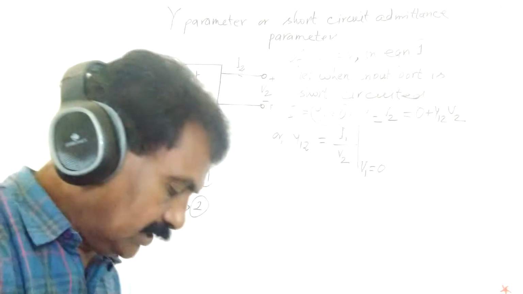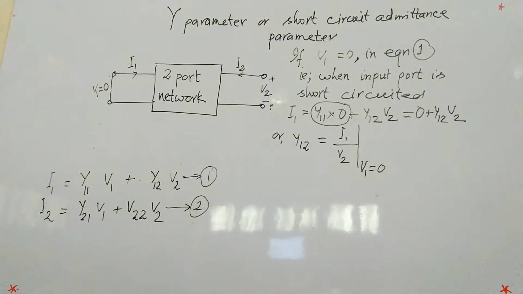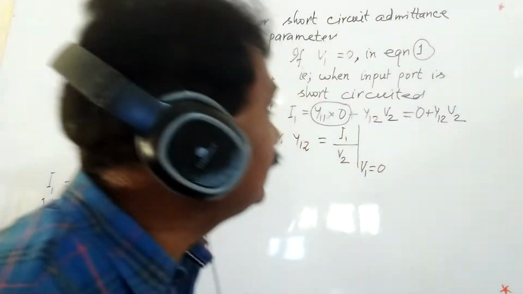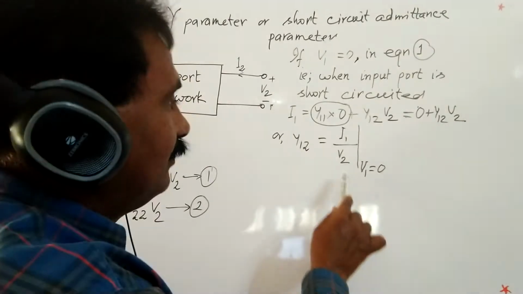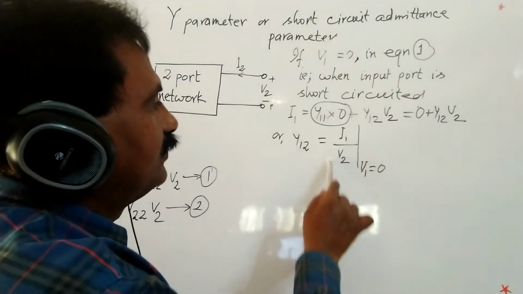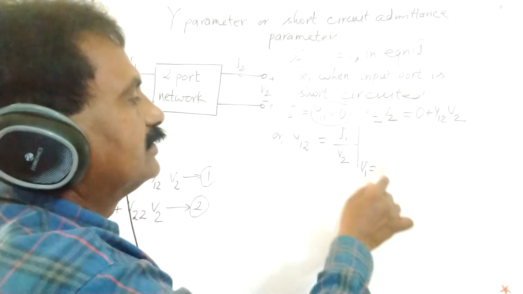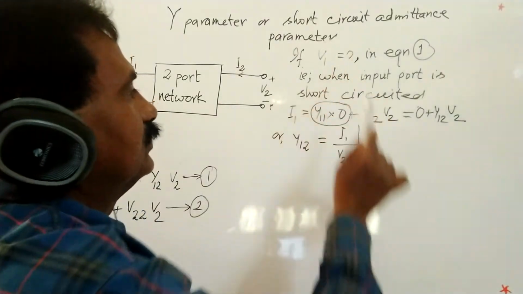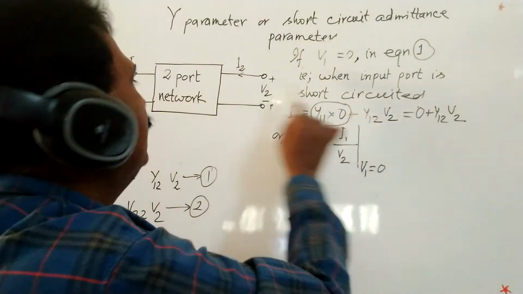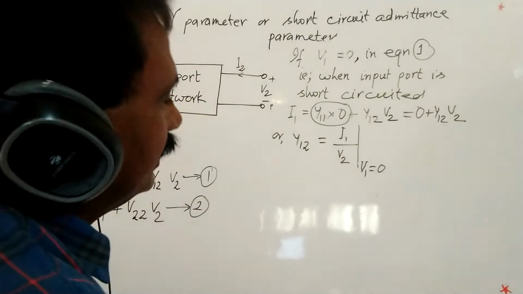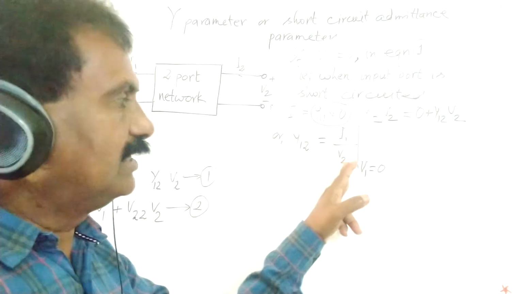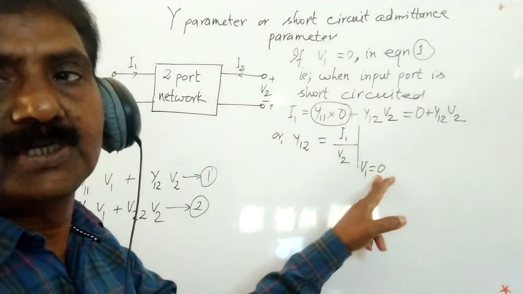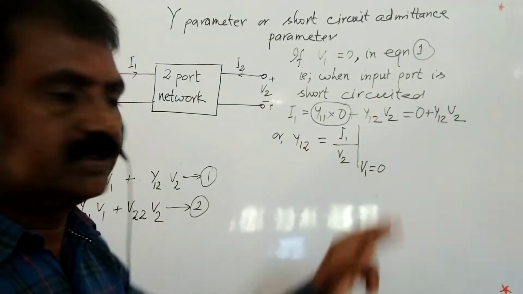You know the ratio of current and voltage is known as what? Admittance. Okay, and how is this value obtained? When we are taking V1 equal to 0. It means short circuiting the input port. It means this is the value of admittance when the input port is short circuited.